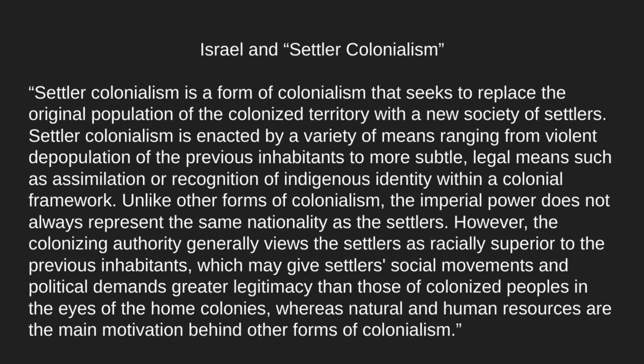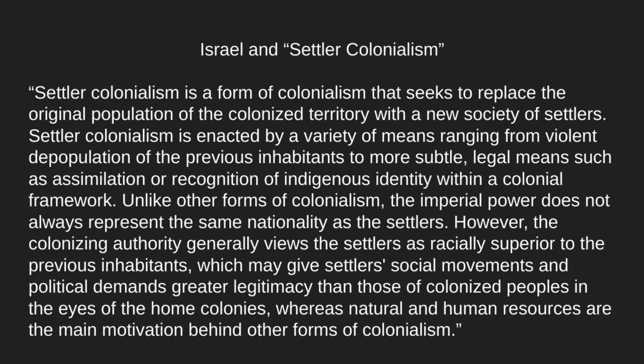Unlike other forms of colonialism, the imperial power does not always represent the same nationality as the settlers. And we think of, again, for instance, Britain being a sponsor of Zionism. However, the colonializing authority generally views the settlers as racially superior to the previous inhabitants. So the colonizing authority in this case would be England.